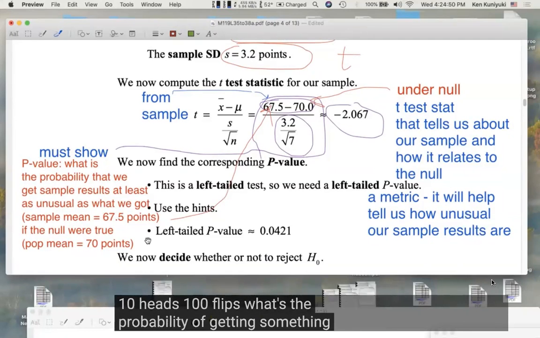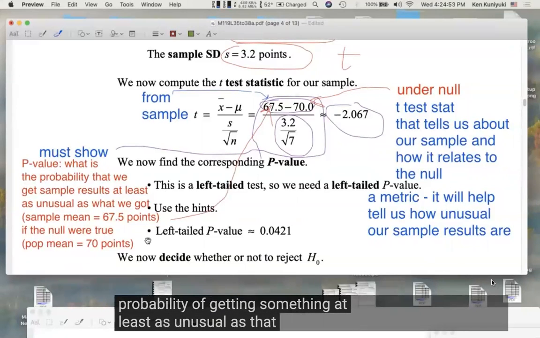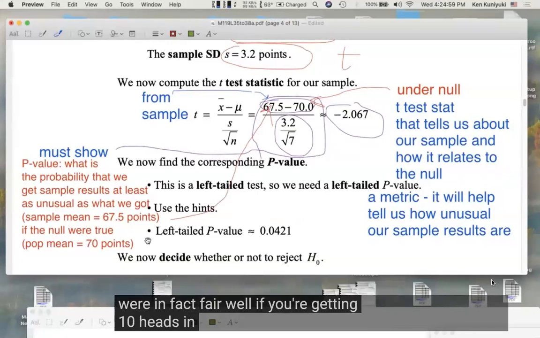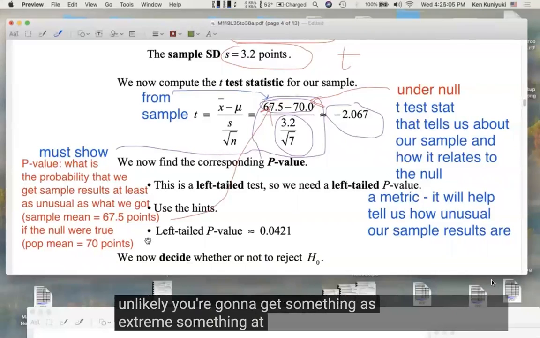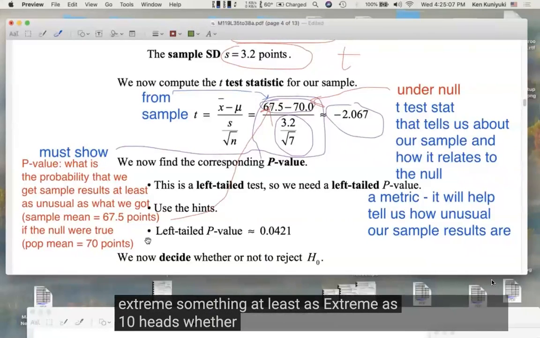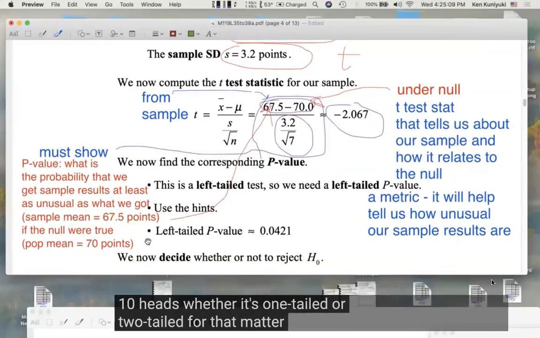What's the probability of getting something at least as unusual as that if the coin were in fact fair? Well, if you're getting 10 heads in 100 flips, you're going to have a very low p-value, right? It's very unlikely you're going to get something at least as extreme as 10 heads, whether it's one-tailed or two-tailed for that matter, if the null were in fact true, okay?